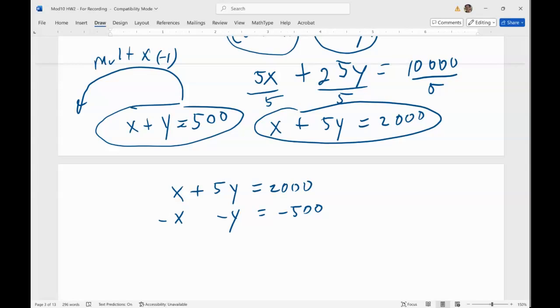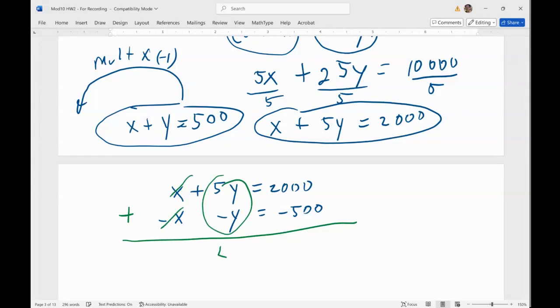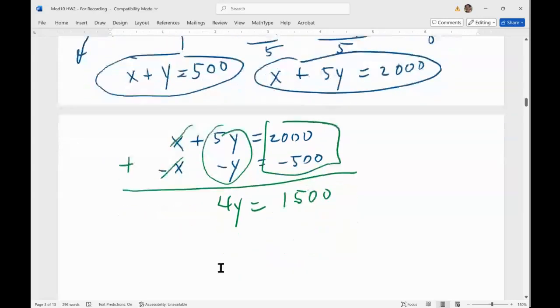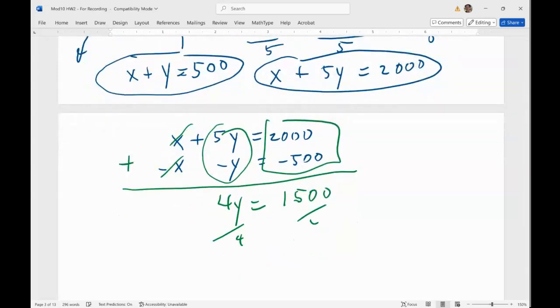The reason I'm multiplying it by -1 is I want to get these two terms to be opposites so that they're going to cancel in a moment. So now we're going to add them together and see they cancel. Those cancel. These, when I add them, give me 4y. And these, when I add them up, give me 1,500. Then, of course, we divide both sides by 4 to get the answer for y. And y is equal to 375.